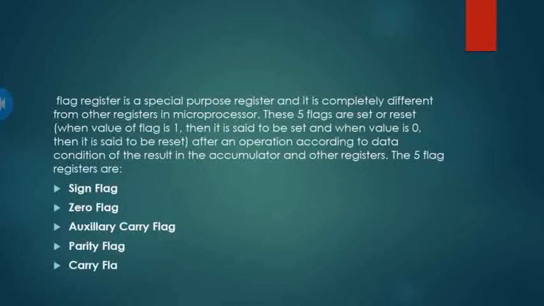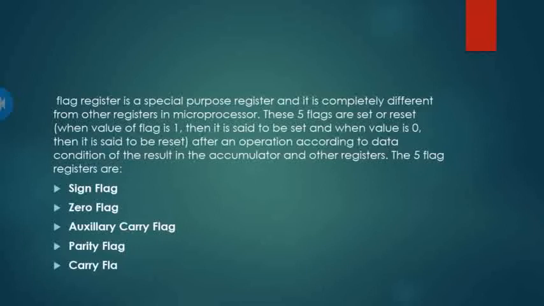So there are total 5 flags, and the value of these flags can be set or reset. Set or reset means 0 and 1. Set means 1, reset means 0. So every flag must have either 0 or 1 value, which means every flag must be in either set or reset form.